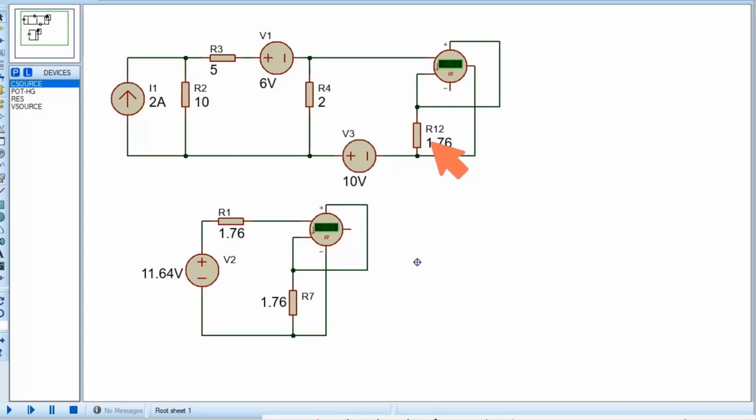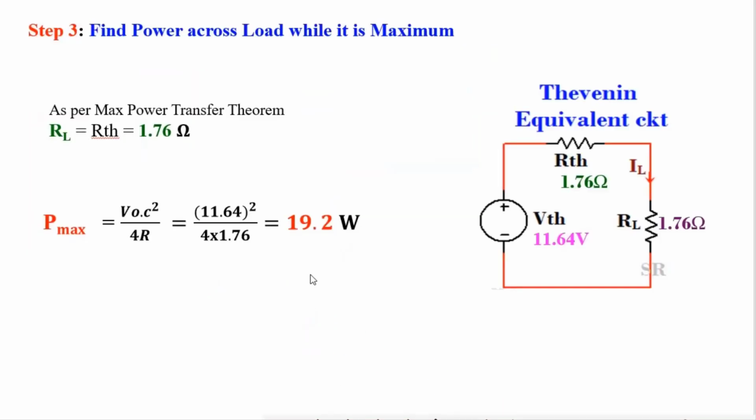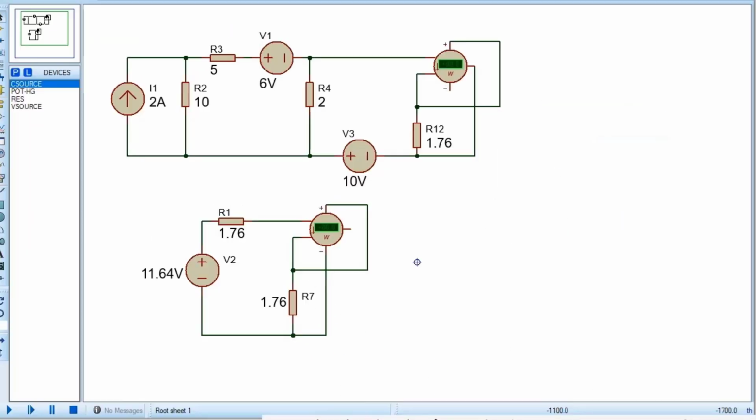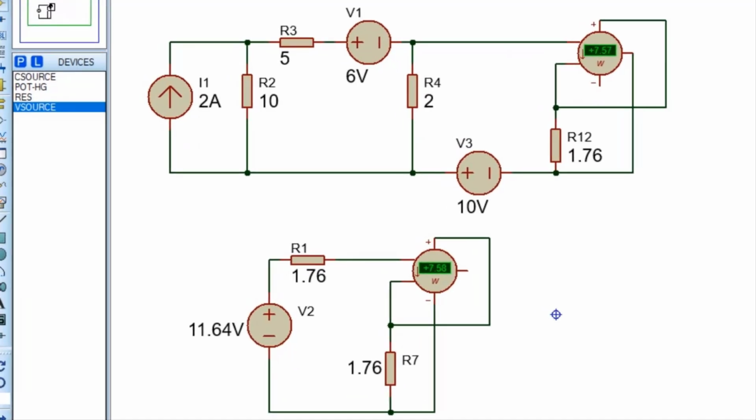Now if the power at load in main circuit and power at load in equivalent circuit, if these two are same and the value is 19.2 watt, then it can be confirmed that my calculation is perfect. Running simulation. See, in equivalent circuit power at load is 19.2 watt, in main circuit power at load is 19.2 watt. So my calculation is perfect.